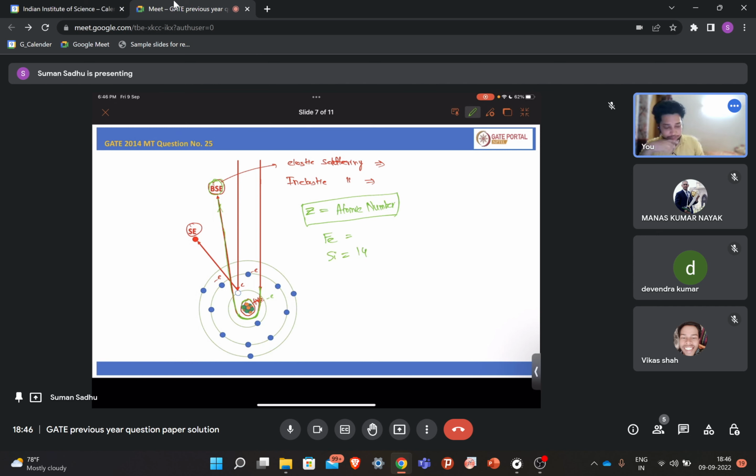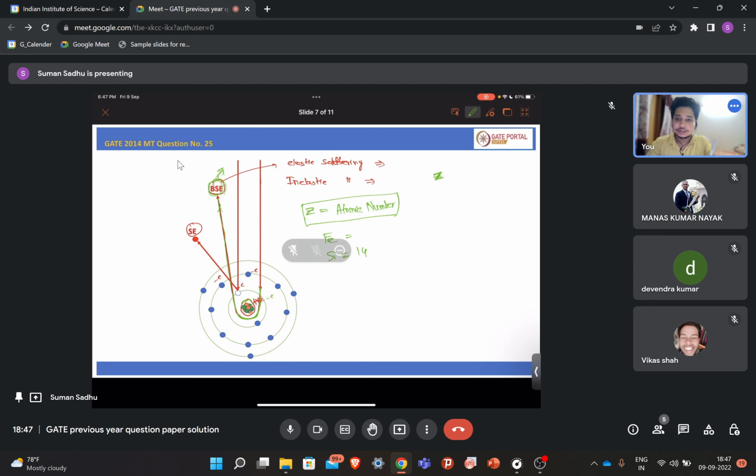So depending on this Z value, the number of BSE electrons will vary. That means it will give you the idea about which element is present, so you can do elemental analysis. But here this question asks about quantitative elemental analysis. That means you also have to know what quantity is present. So BSE electron can give you the idea which element is present, but at what quantity, it cannot give you that idea.